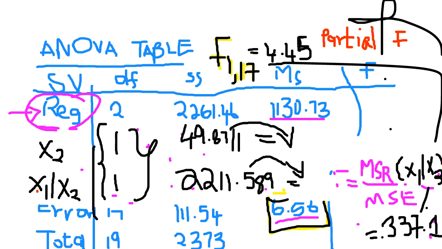So based on this information, your null hypothesis will say X1 does not significantly improve the model after X2 has been included. And the alternative will say X1 does improve the model after X2 has been included. Which statement is true? What is your decision? Are we rejecting or failing to reject the null hypothesis? You compare your F with tabulated with the calculated one.